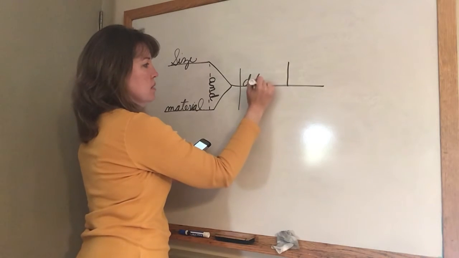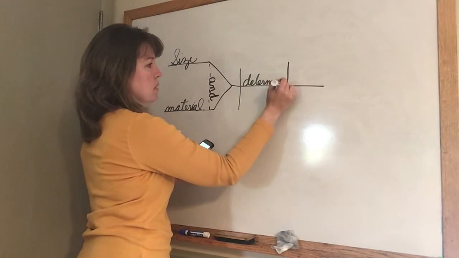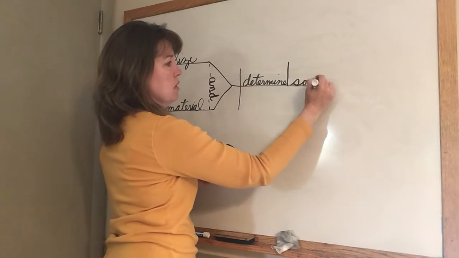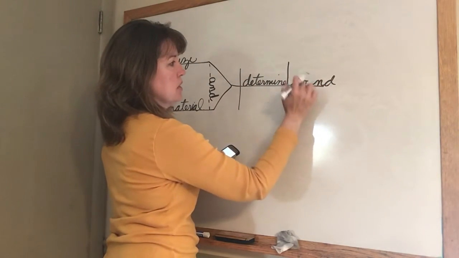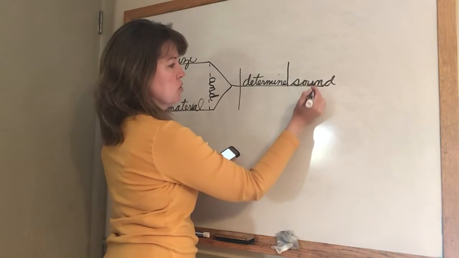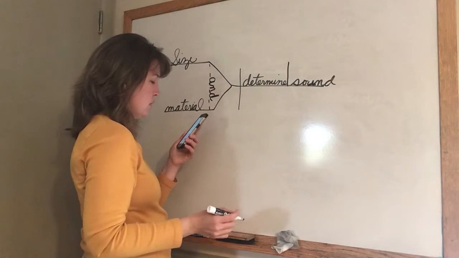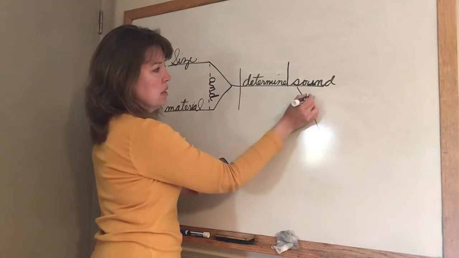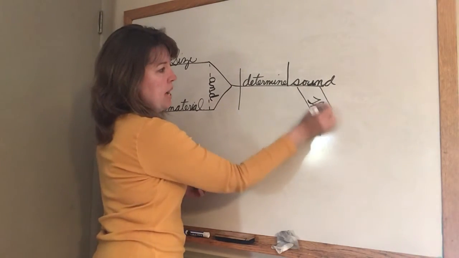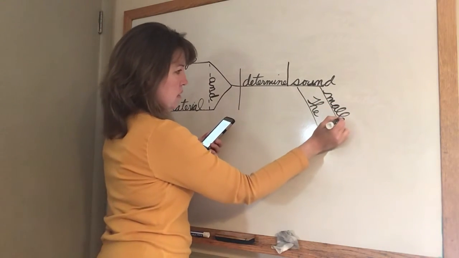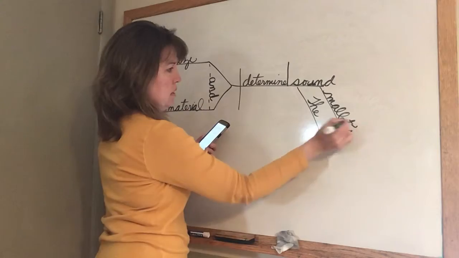Determine. What do they determine? Sound. And remember, for a direct object, the line is straight up and down because you're not describing anything. Okay, what kind of sound? The mallet's.